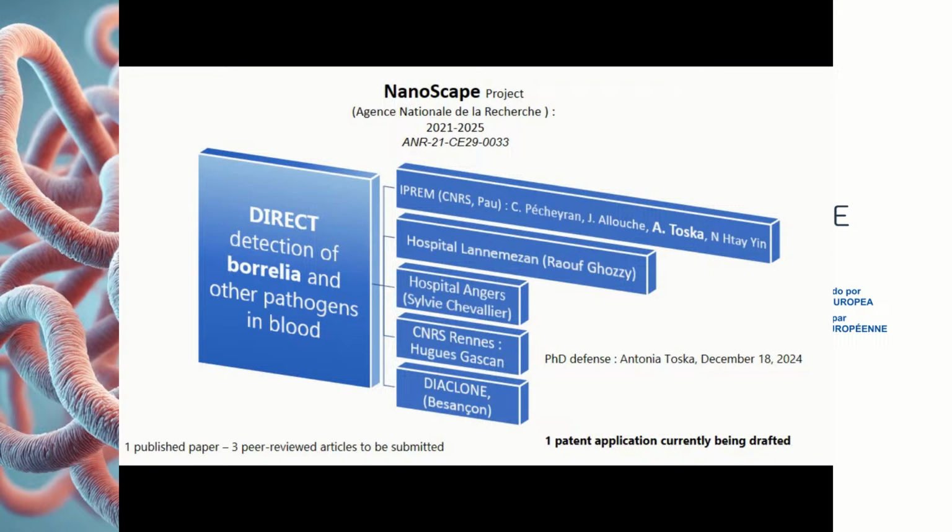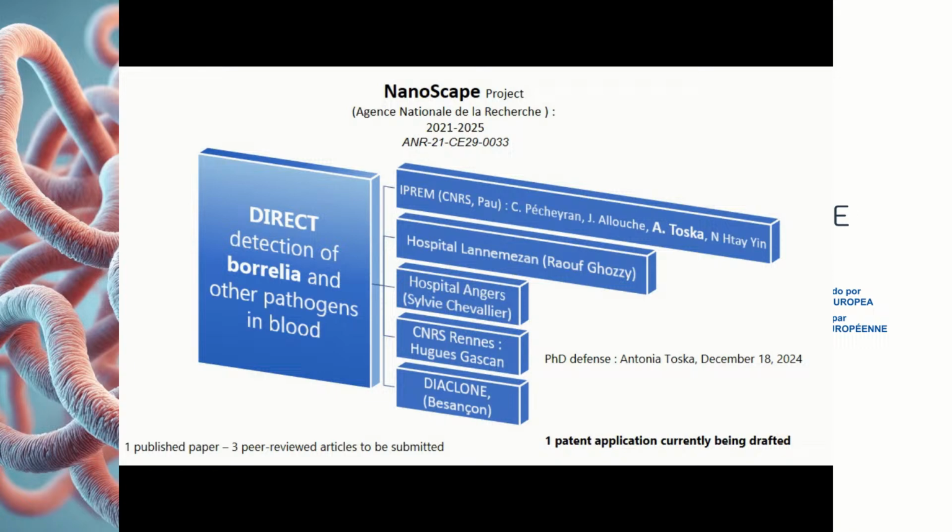And of course, some medical doctors: Hospital of Lannemezan with Raouf Gauzy, Hospital of Angers with Sylvie Chevalier, and Hugues Gascan, a great immunologist in Angers and Rennes, and also Diacron.